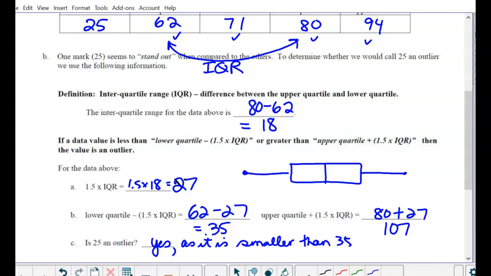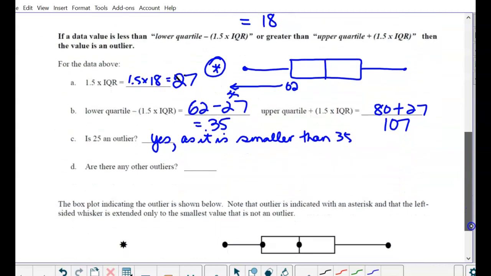So this would end up being our lower quartile 62, and we want to make sure that when we subtract that 27, we get 35, and we want to see if there's a value that's outside of that. And so we'll look at that in a sec. That's how you calculate it.